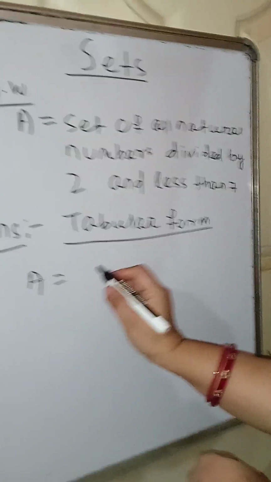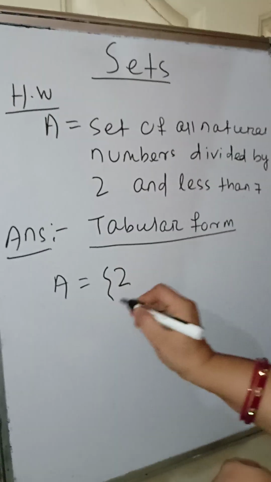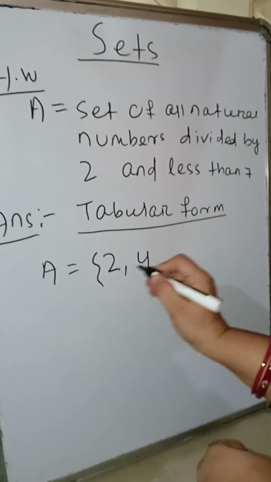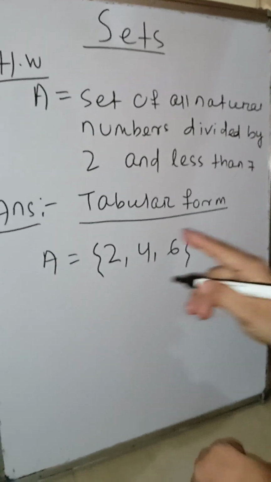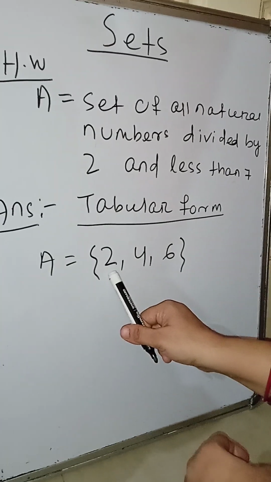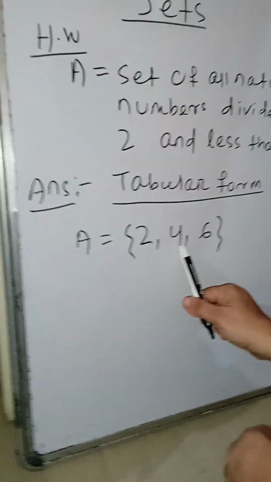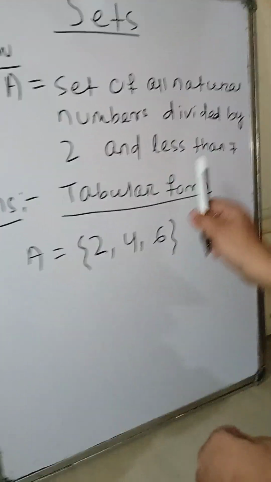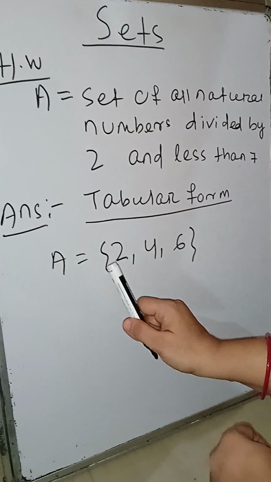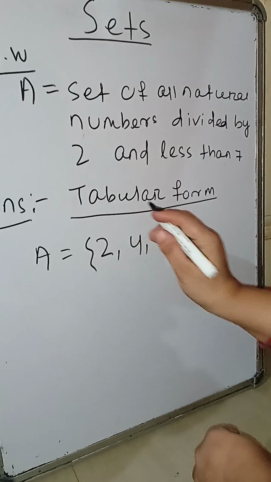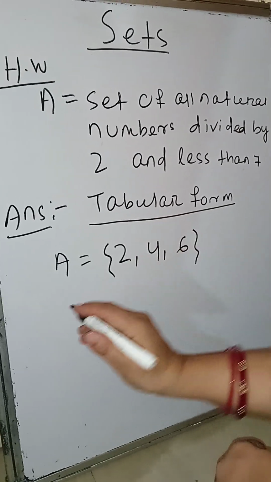So the first number will be 2, then 4, then 6. So 2, 4, 6 are the elements of this set, because 2 is divided by 2, 4 is divided by 2, 6 is divided by 2, and the number should be less than 7. So 3 elements belong to this set. So this is the answer in tabular form.